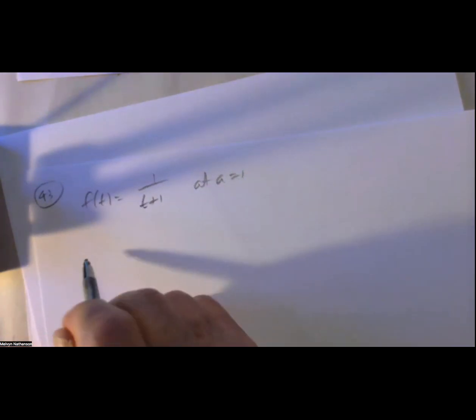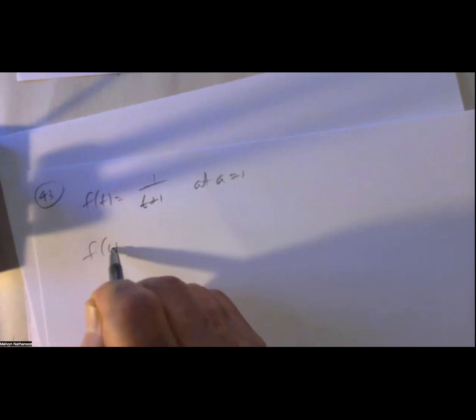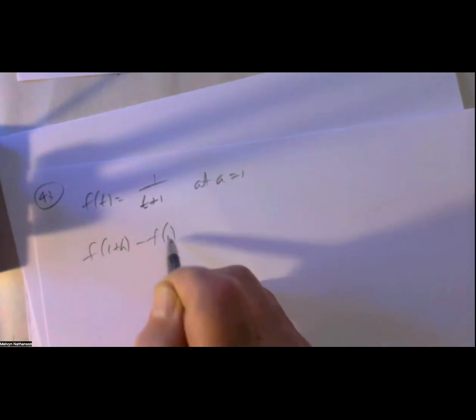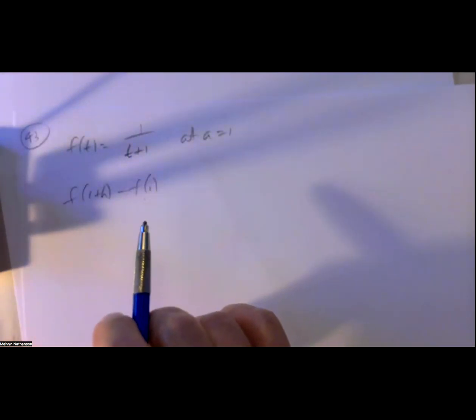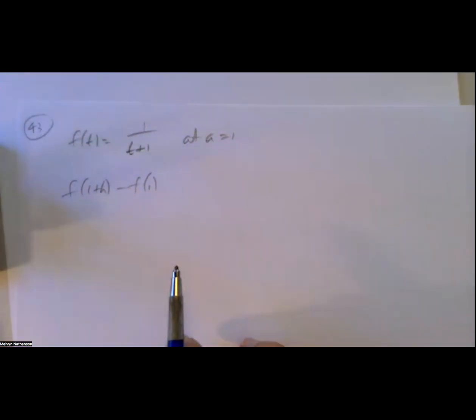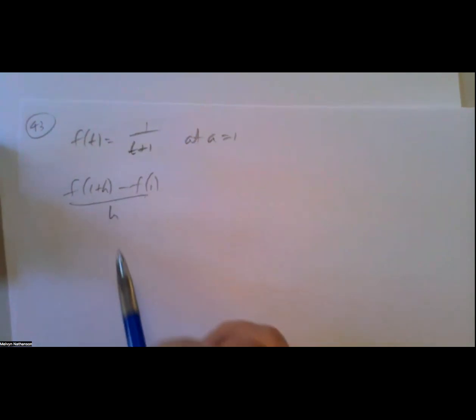So I want to calculate first f of 1 plus h minus f of, well, not first. What I have to calculate is f of 1 plus h minus f of 1, over h.